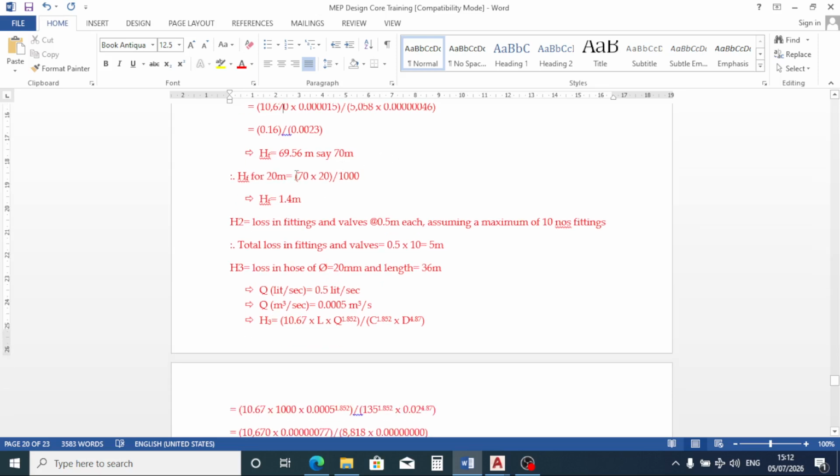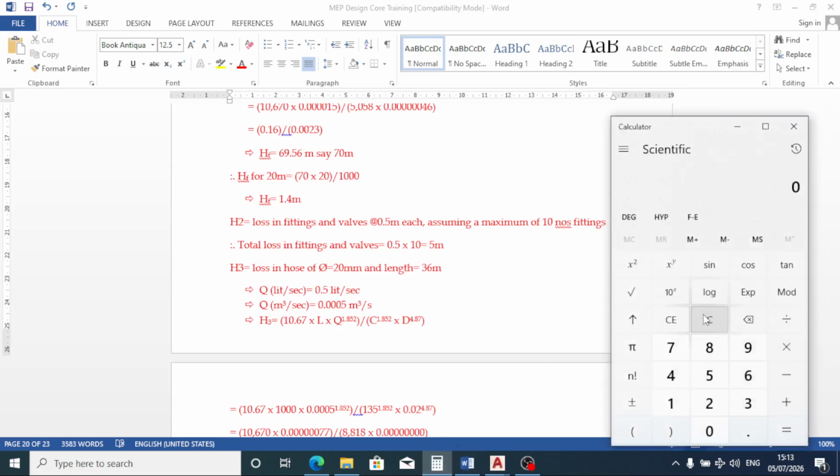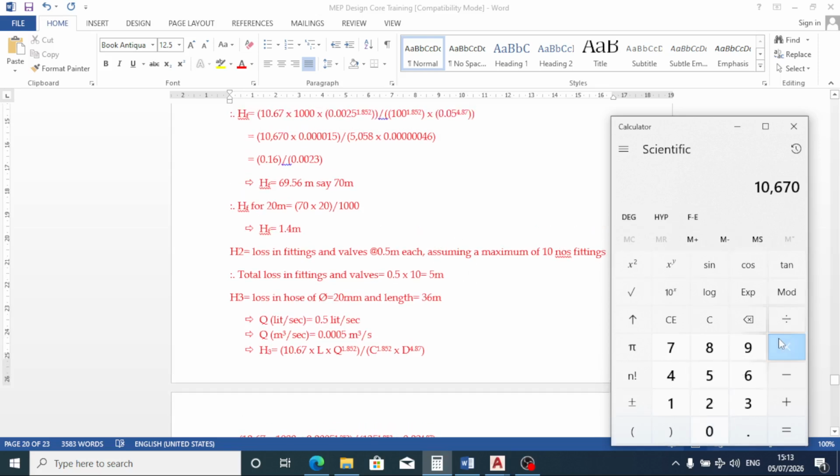So now bringing out our calculator. $10,670 multiply by 0.000015, we'll be having 0.16.